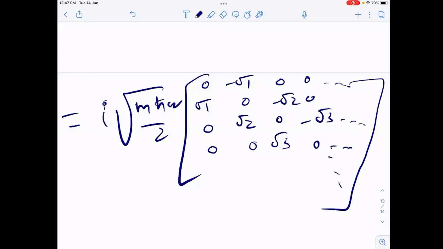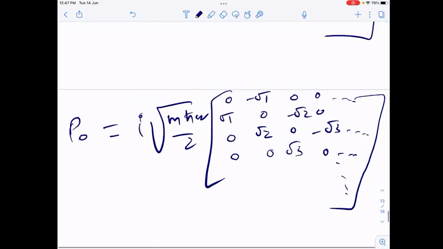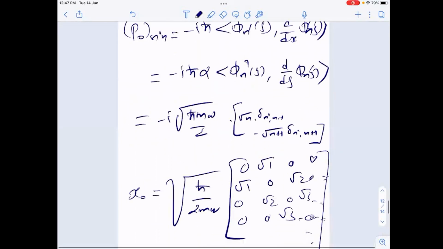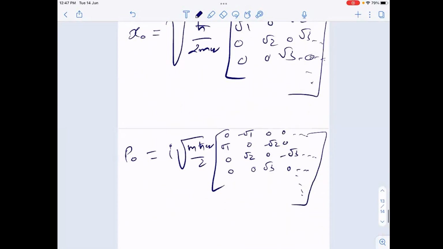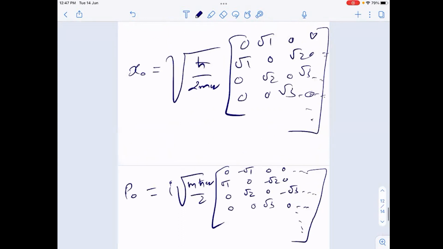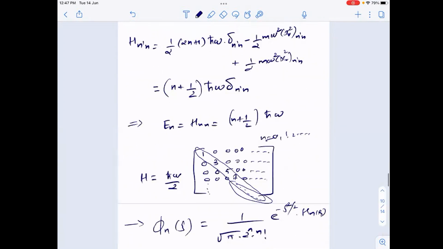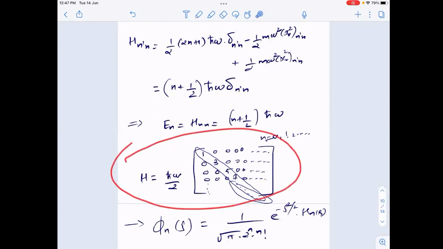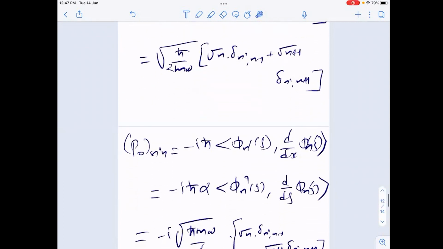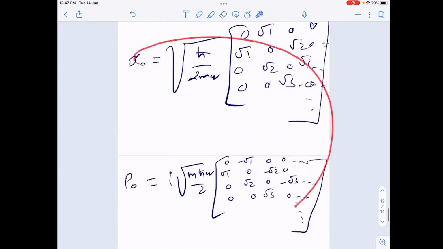Now you can check any element from this equation, and you will find that it fits perfectly well. So these are now your three matrices, of Hamiltonian, your dynamic variables, x0 and p0.